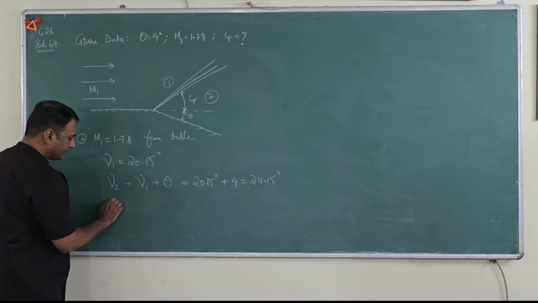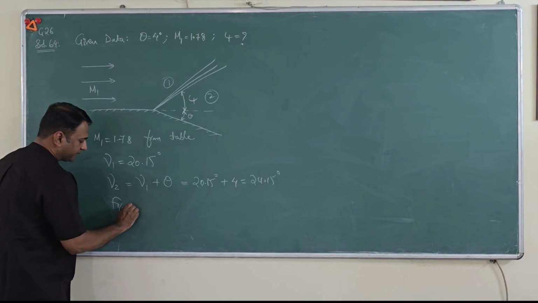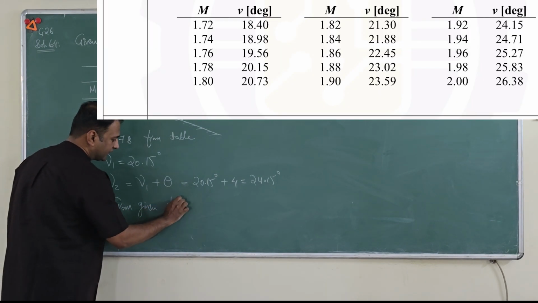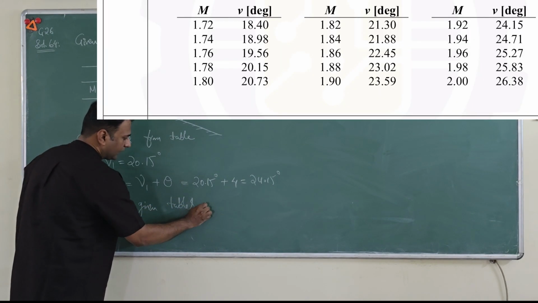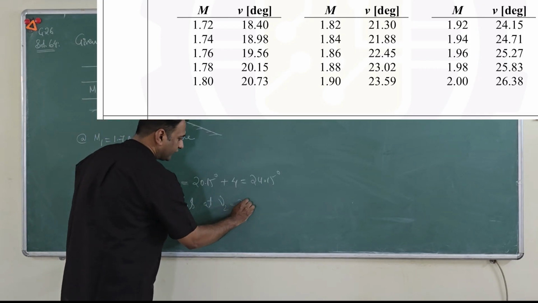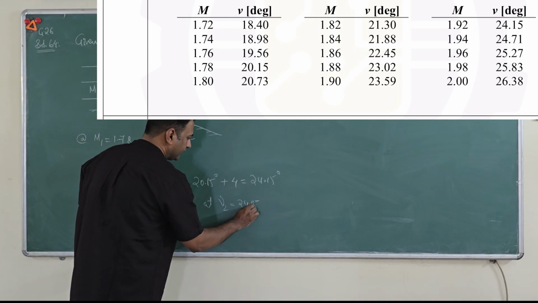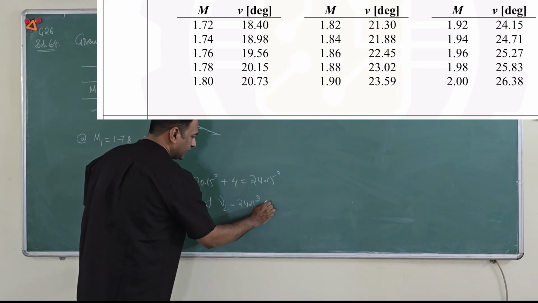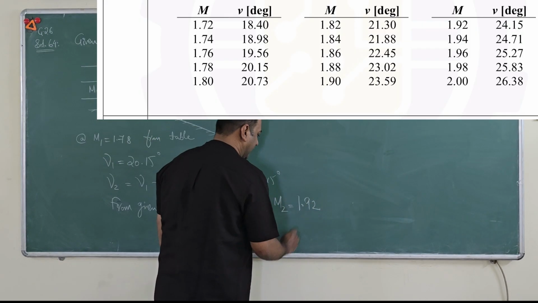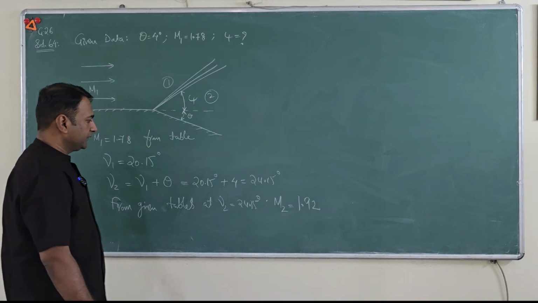Okay. So using this value of the Prandtl-Meyer function, we can find Mach number M2 from the tables. So from the given tables, at nu2 equals 24.15 degree, M2 is 1.92. Okay.